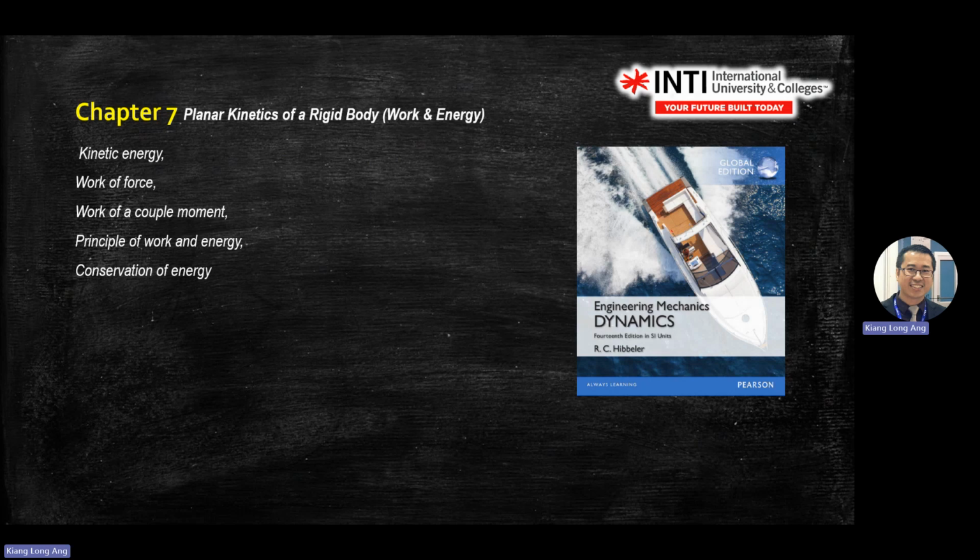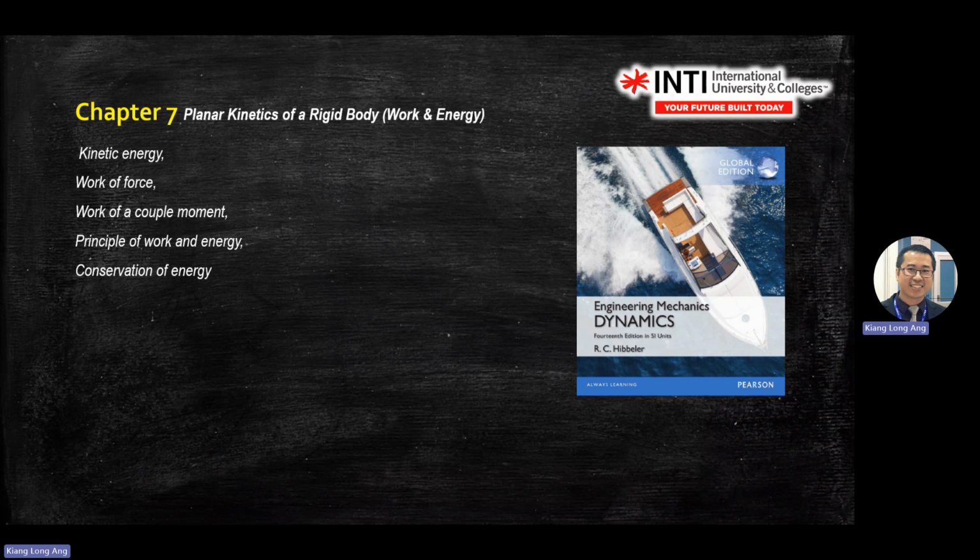Now, chapter 7 combines what you learned in chapter 6 and goes into application of what you learned in chapter 4. We'll talk about energy, work, and conservation of energy. Previously, when we talked about energy, we dealt with kinetic energy and potential energy only. When you talk about principle, it must be the principle of work and energy.